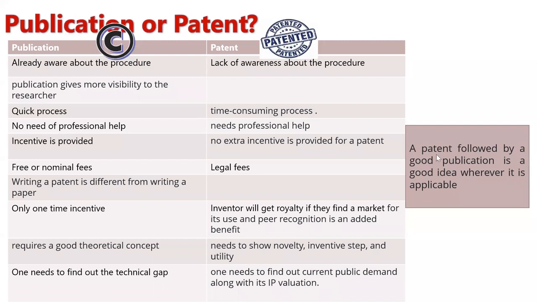Before publication, if you think this idea will result in a good product, it is better to file a provisional patent and then do the good publication. That is possible, but the constraint is that the filing procedure you have to complete within a year.